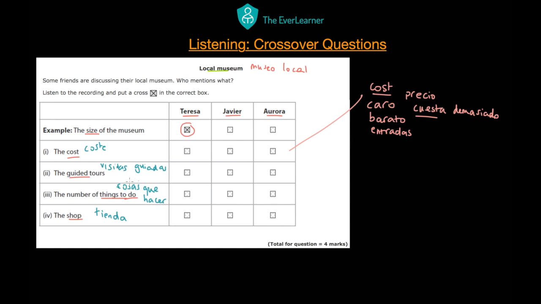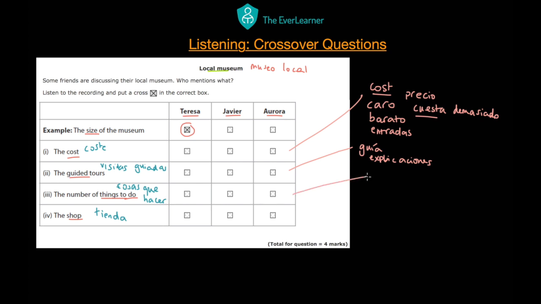The guided tours, visitas guiadas. Other things you might hear would be guía, the word for guide. You might hear explanations.